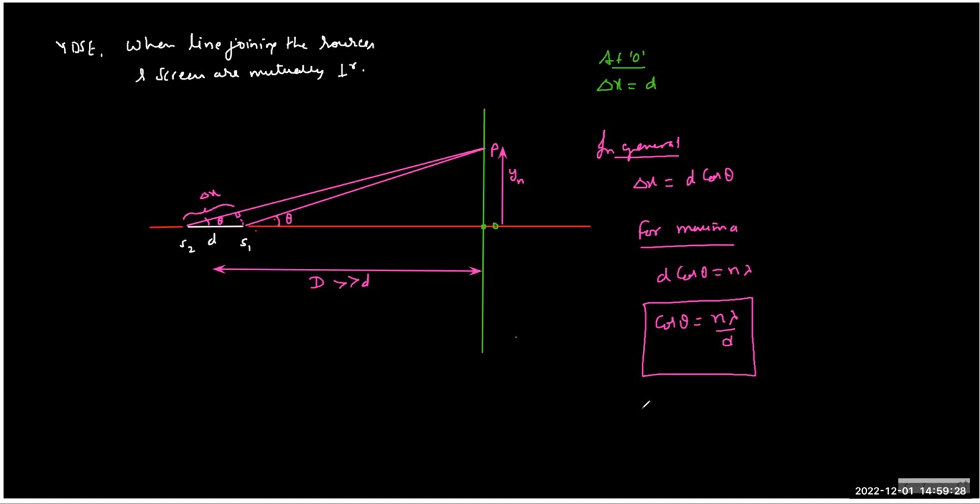So we can write cos theta equals this value, and cos theta we can write as base upon hypotenuse, right? And this we can simplify by writing D upon D square plus yn square.